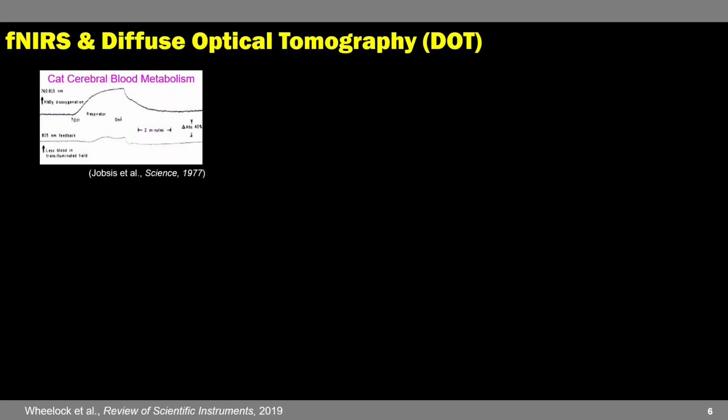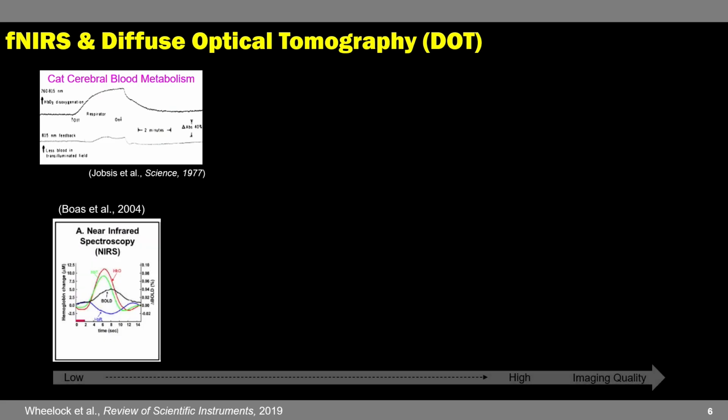fNIRS first appeared in 1977 and was tested on a cat model. Later, we applied it to humans, and at the time we could measure the hemodynamic response in the time domain.